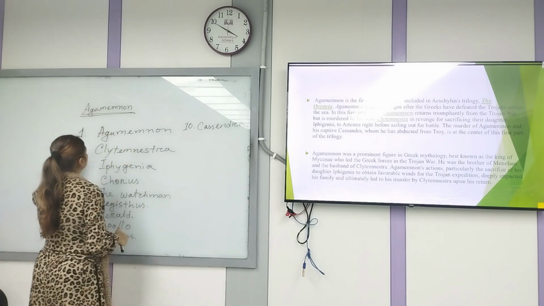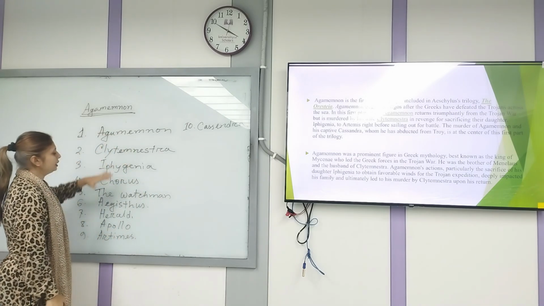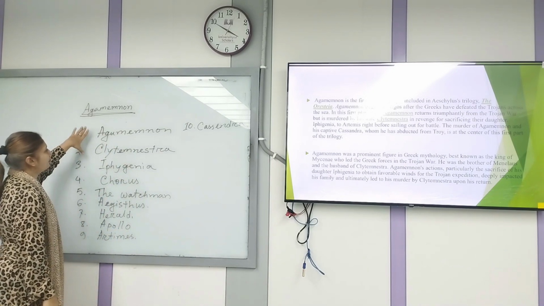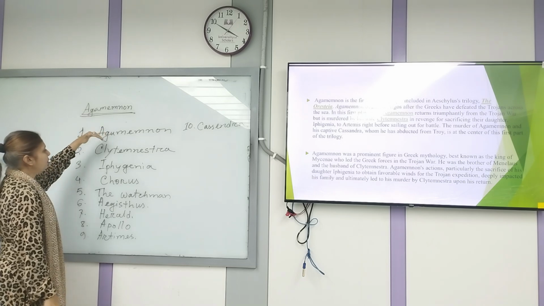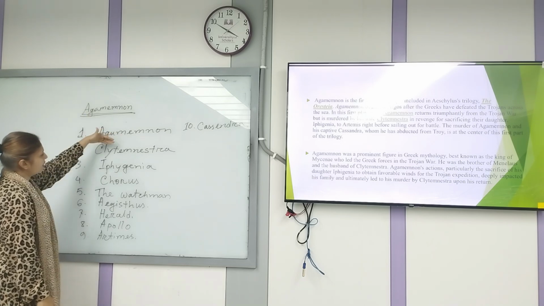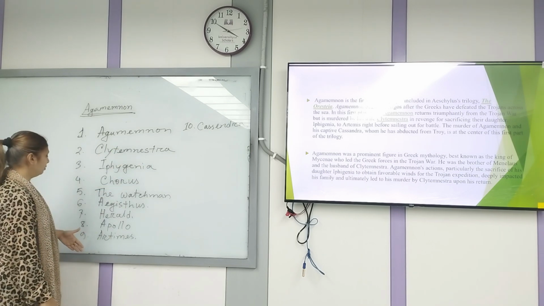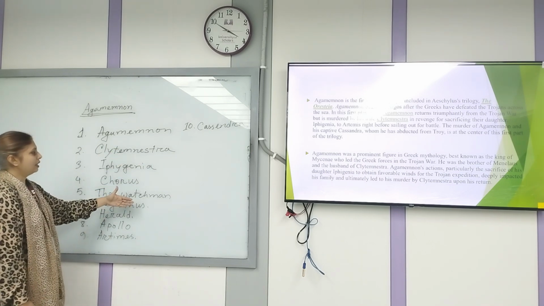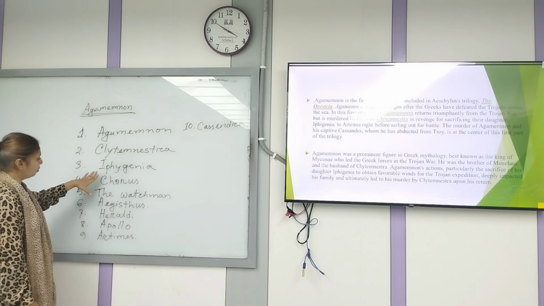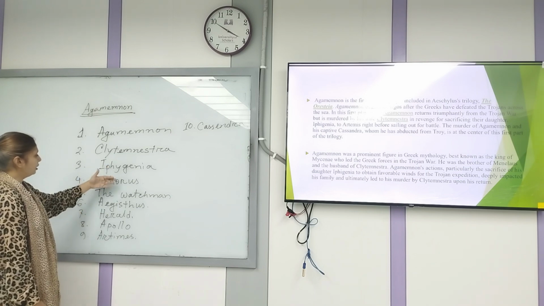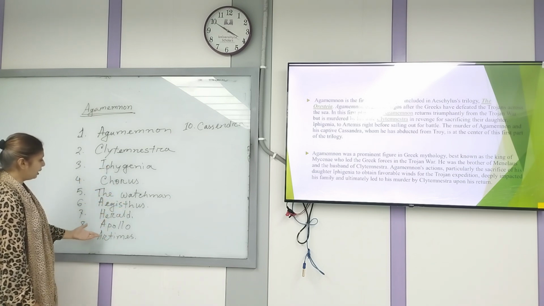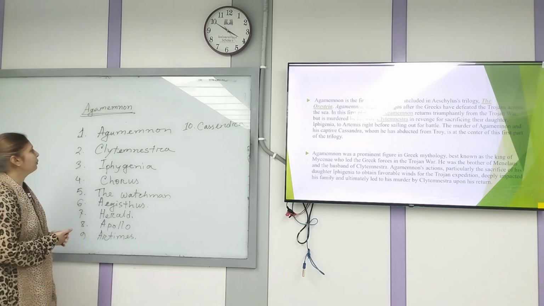We will get ten characters in this play. The major characters are Agamemnon, Clytemnestra, Iphigenia, Cassandra, and Aegisthus. And the minor characters are the Chorus, the watchman and the herald. Okay?